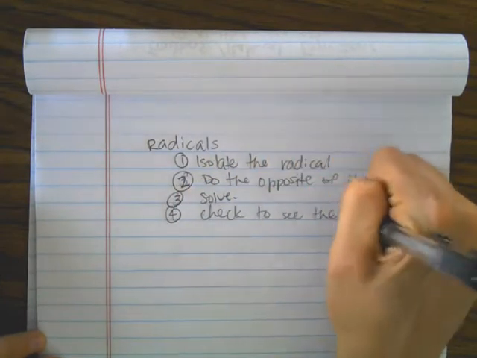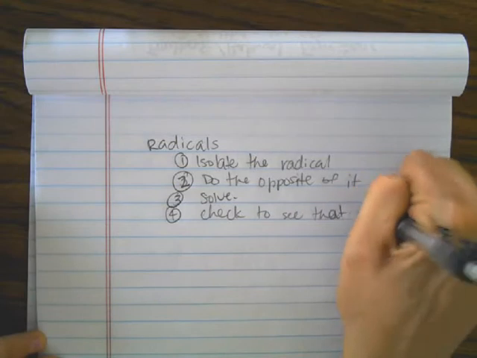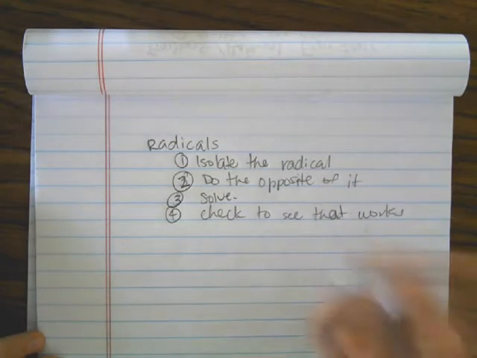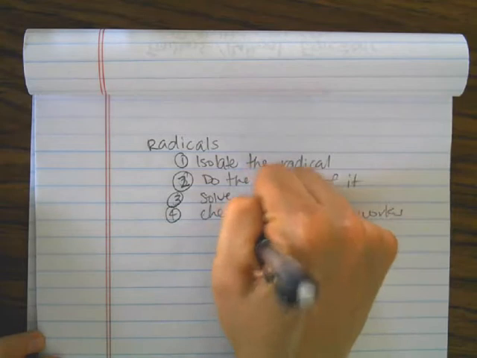If it doesn't work, it's an extraneous solution. You just want to make sure that under even roots you don't get a negative.